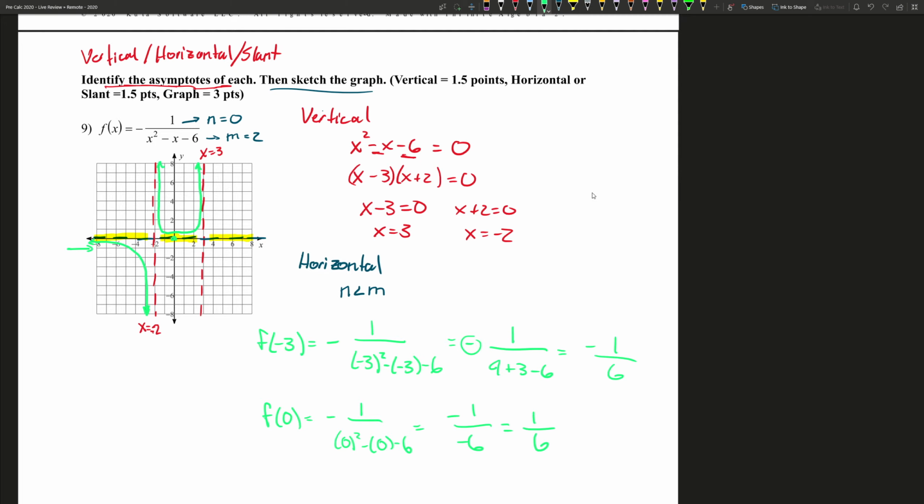Okay, then the last one, we can plug in something to the right. So let's plug in 4. So we get negative 1/6 again.